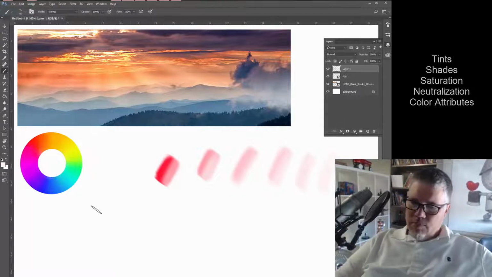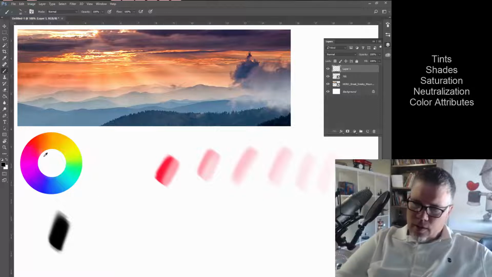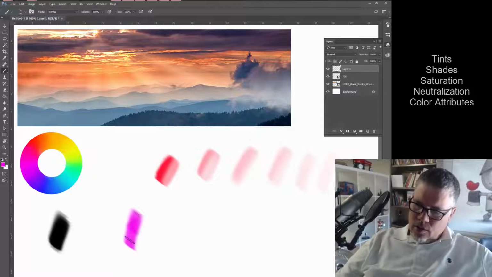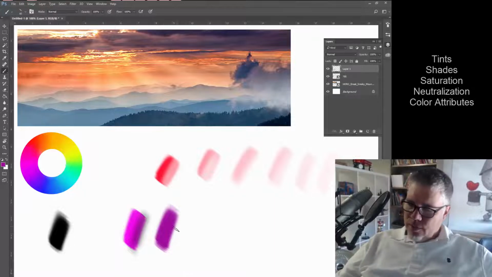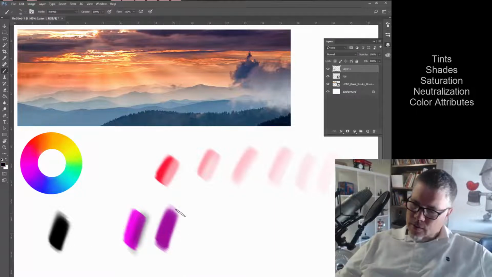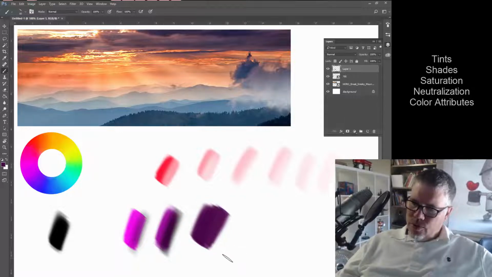And anytime you mix black, so I'll get some black here, anytime you mix black, that's called a shade. So this is a shade of the original pure color. These terms are kind of weird, and you probably won't use them that often.